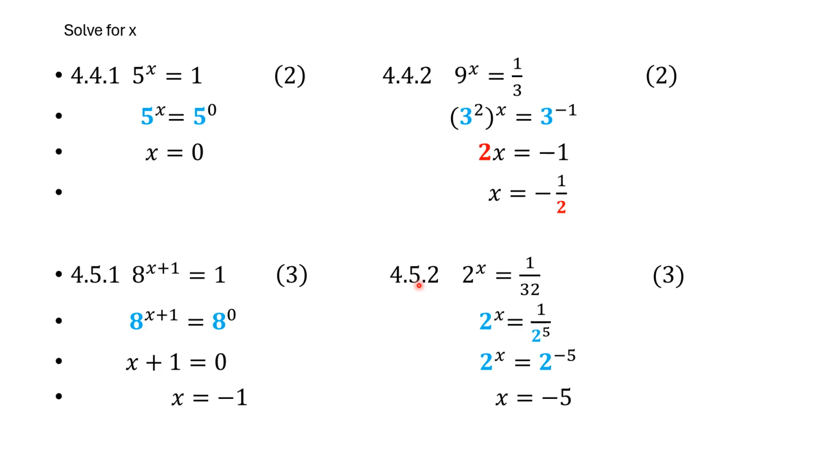Right, 4.5.2, similar to 4.4.2, we have 2 to the power x equal 1 over 32. Objective is we must make the bases the same. So if I have base 2 here, I must make that base 2. So 2 to the power x equal 1 over 2 to the power 5. So 32, 2 times 2 is 4, times 2 is 8, times 2 is 16, times 2 gives me 32.